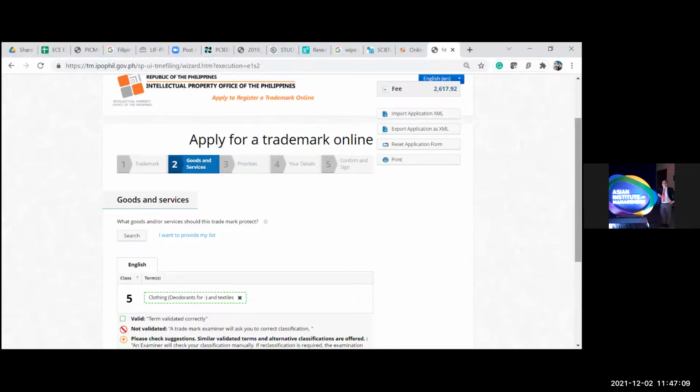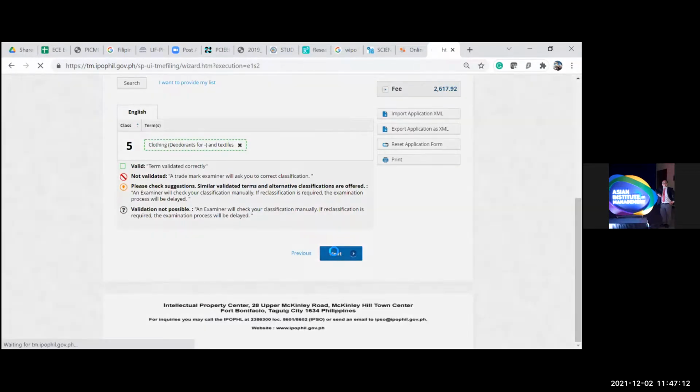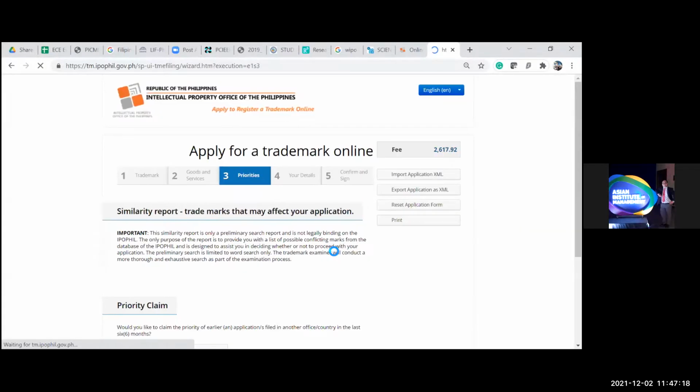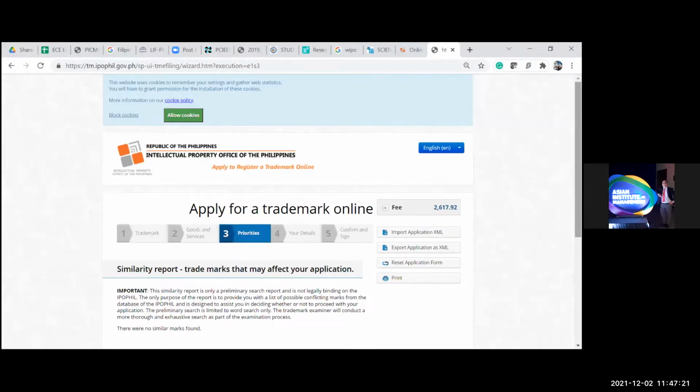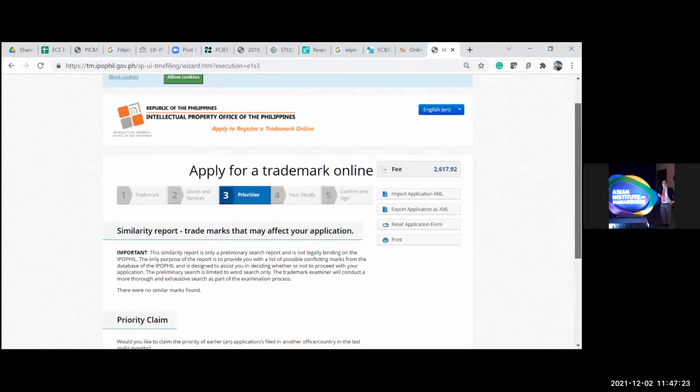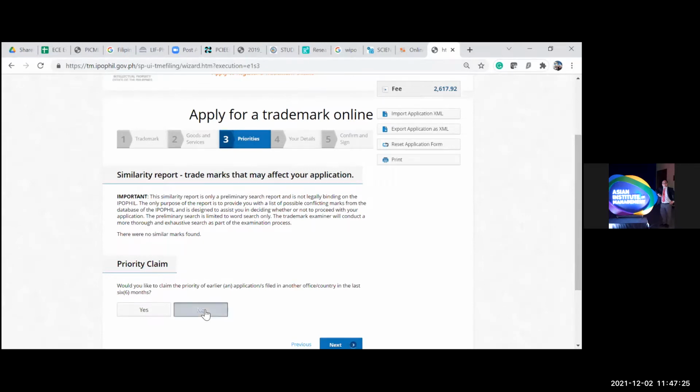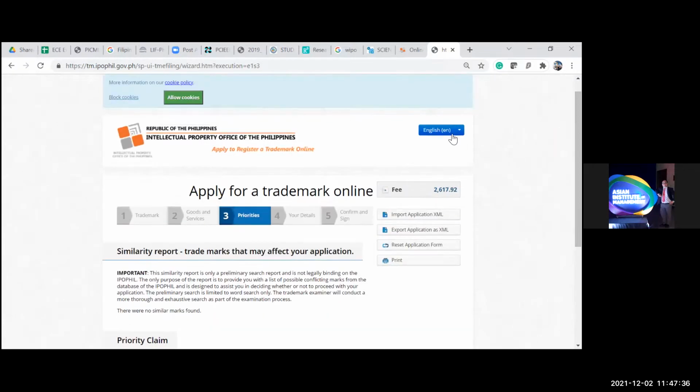Once you're done with the categories of the product or the services, you can proceed to next. Then, are there particular priorities, meaning earlier applications in another country or office in the last 6 months? No, there is no priority for this. Right here you can immediately see that there is a fee already reflecting, 2617.